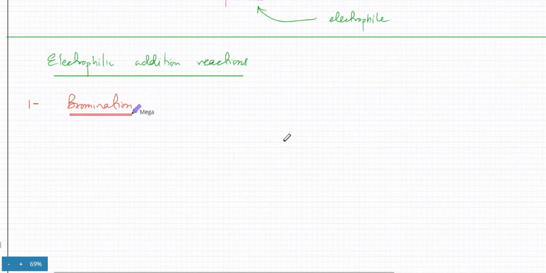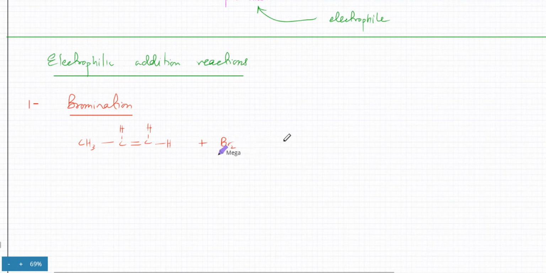Bromination is a reaction with Br2. You have an alkene. Let's say there is this alkene, and it reacts with a Br2 molecule.